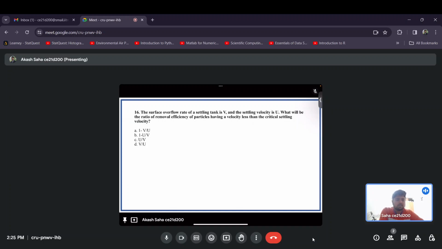I have to find the removal efficiency of particles which have a velocity less than the critical settling velocity, which is less than U. We have four options: 1 minus V by U, 1 minus U by V, U by V, and V by U.